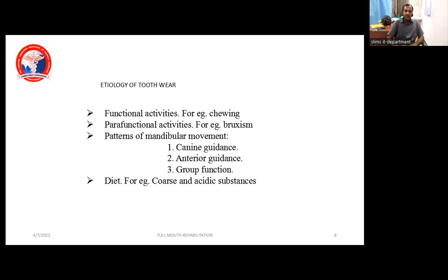If the pattern of mandibular movement, that is your canine guidance, anterior guidance, and group function, can also end up with tooth wear.